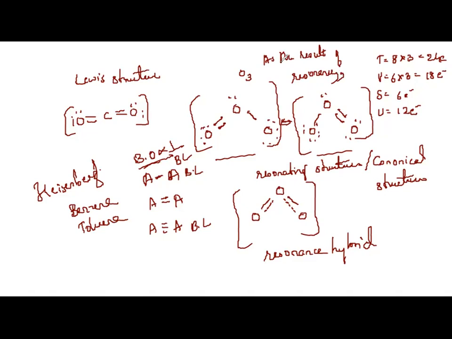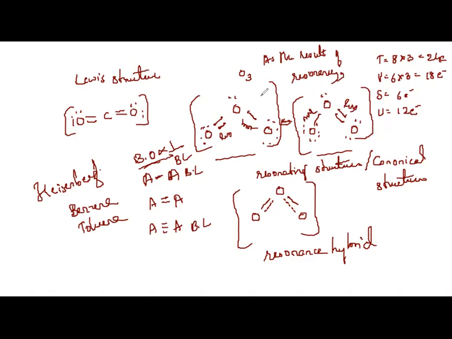If resonance wasn't there, and you would have considered this structure as the structure of ozone, then here we would say this bond length is less and this bond length is more. Here we would say this bond length is more and this bond length is less. Are you all getting it? But with the introduction of resonance, whether it is a double bond or a single bond, all bond lengths will be the same.